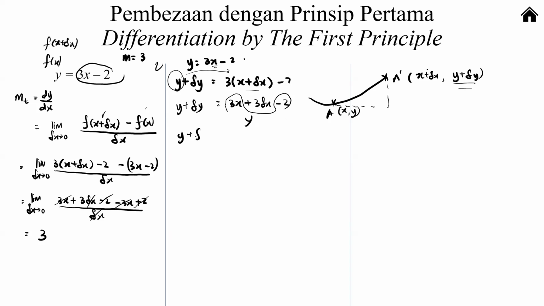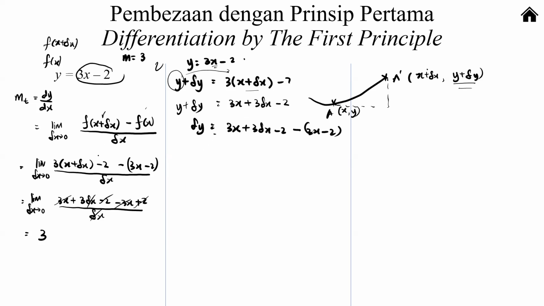So let me just rewrite. There are so many ways that we can write, so I also don't know which one to show. But I better show you the minus y, because when we have a fraction, it's easier to bring the y over. Then I better use that one because it's applicable for all kinds of questions. So delta y equals 3x plus 3 delta x minus 2 minus the y, so minus 3x and negative 2.